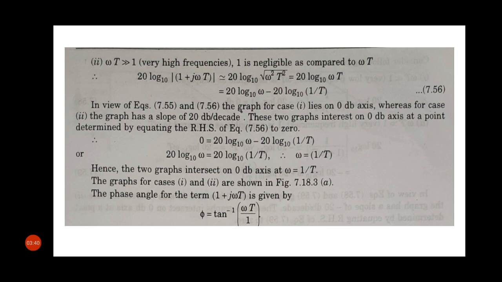That's why in that case our magnitude 20 log 10 mod of 1 plus j omega t is equivalent to 20 log 10 root under omega square t square, this is equal to 20 log 10 omega t. And we can write this as 20 log 10 omega minus 20 log 10 1 by t.